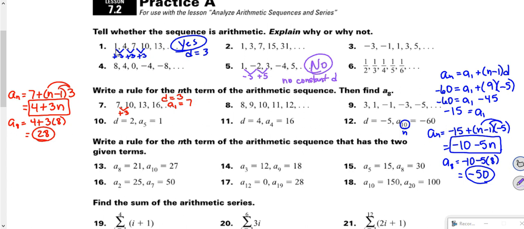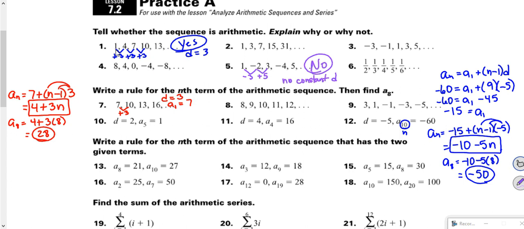Let's keep going. The next section says write a rule for the nth term of the arithmetic sequence that has the 2 given terms. So let's start here, number 13. To get from 8 to 10, you went through the 9th term, right?